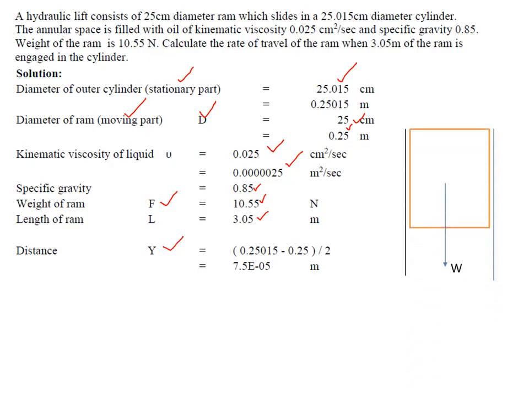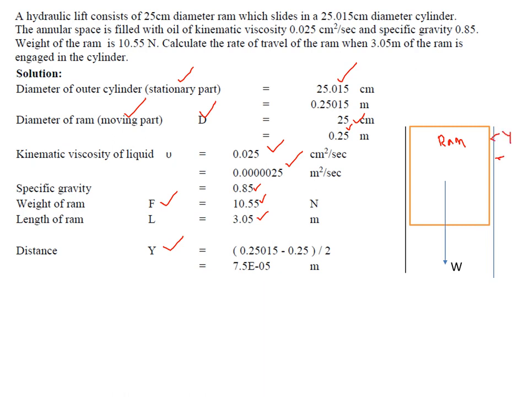So this is the ram, and this is the cylinder. The ram is 25 centimeters, this is 25, so this gap is y.